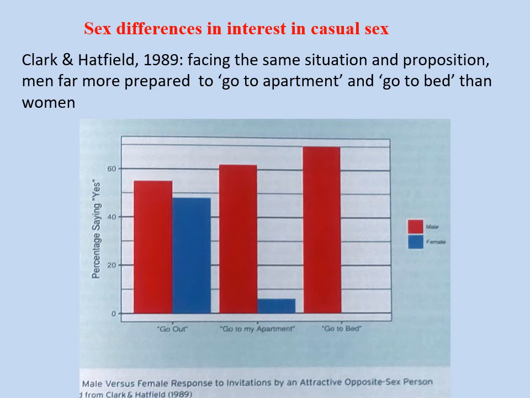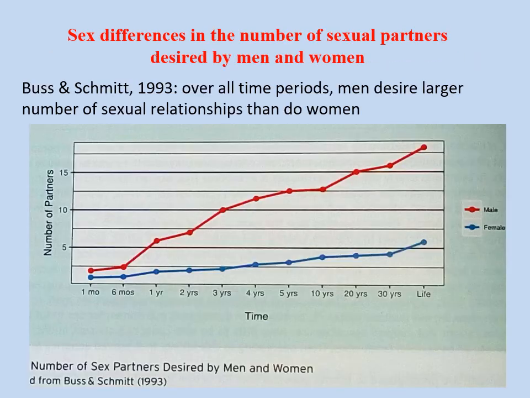And as you can see, men were far more willing to go up to the apartment and go to bed. In fact, no women agreed to go to bed in such a casual situation. This again illustrates that the differences in sexual behavior of men and women endure despite the wide availability of contraception.